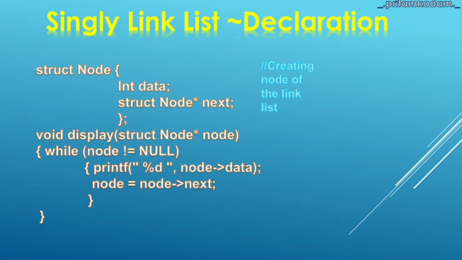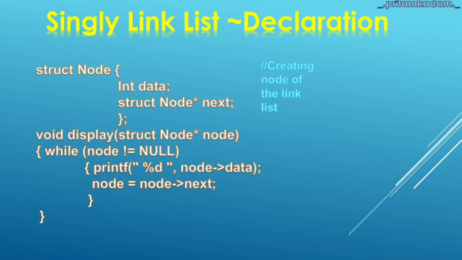Now if I want to display it, then what do I have to write? Void display, struct node star node, means its node is taken as a parameter of this function. Then while node is not equal to null, means we have seen that the last pointer gives the address as null.